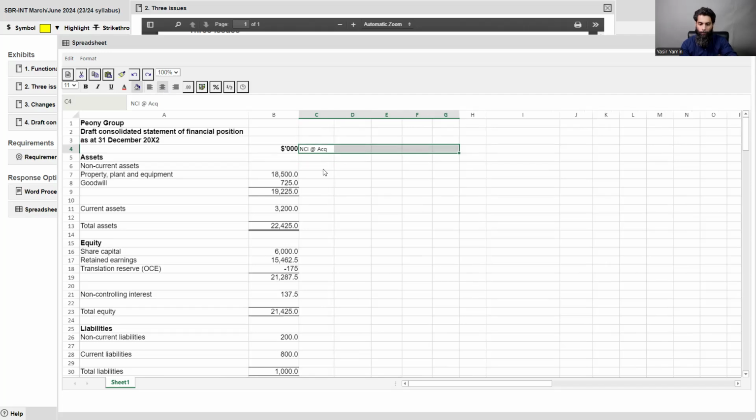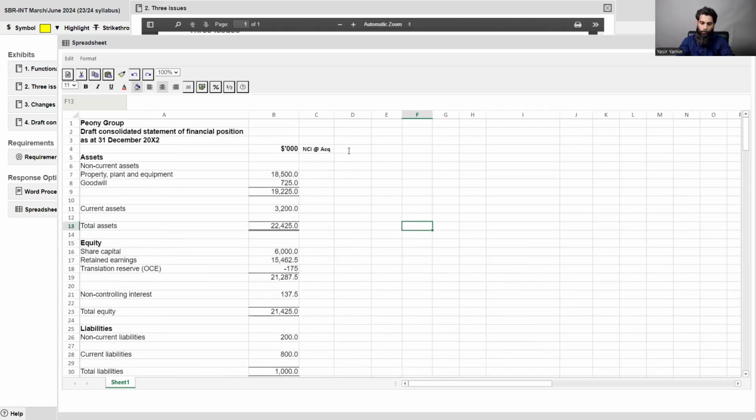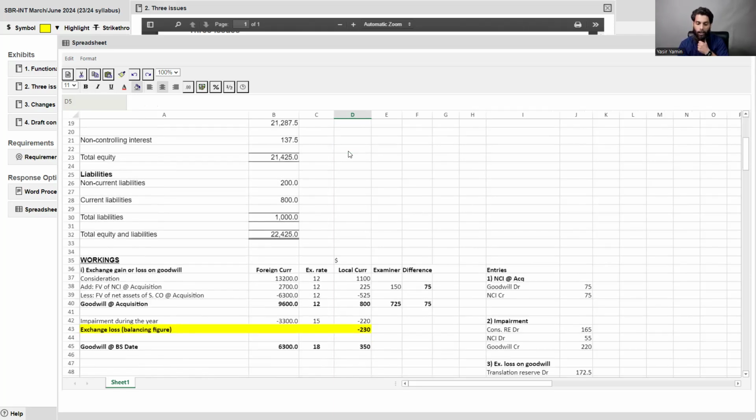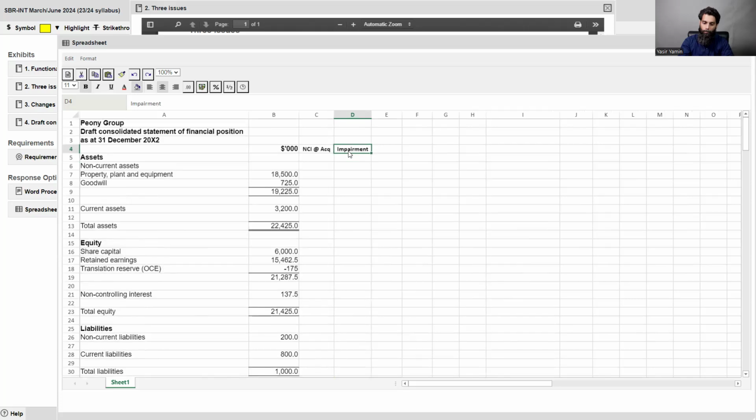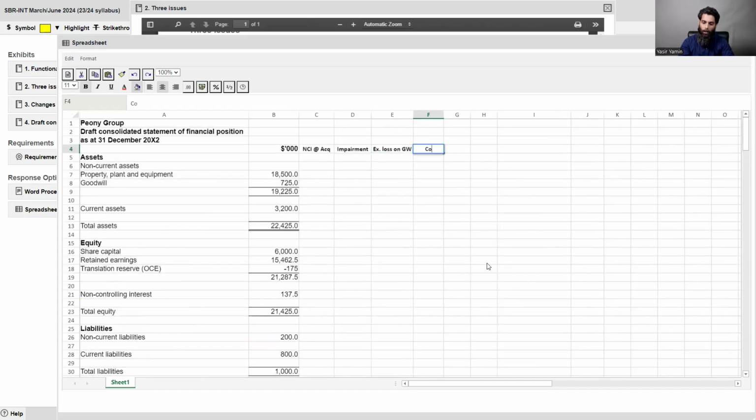The next adjustment is going to be about impairment. I'm just going to write these down. Then there is exchange loss on goodwill. Then there is a correction of exchange loss. So I can just write correction here. Maybe you can write the whole thing, that's up to you.